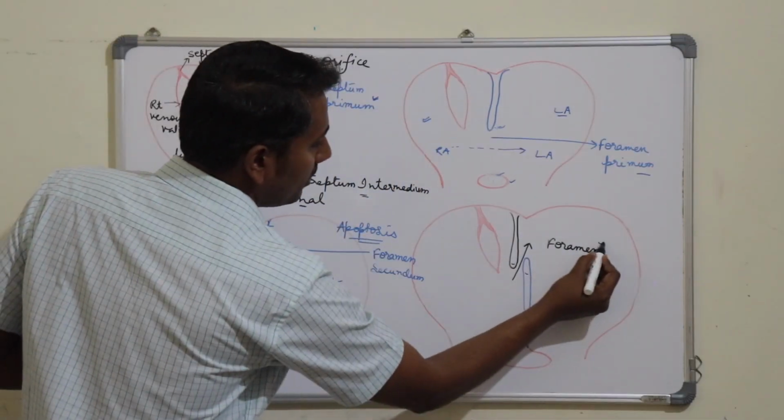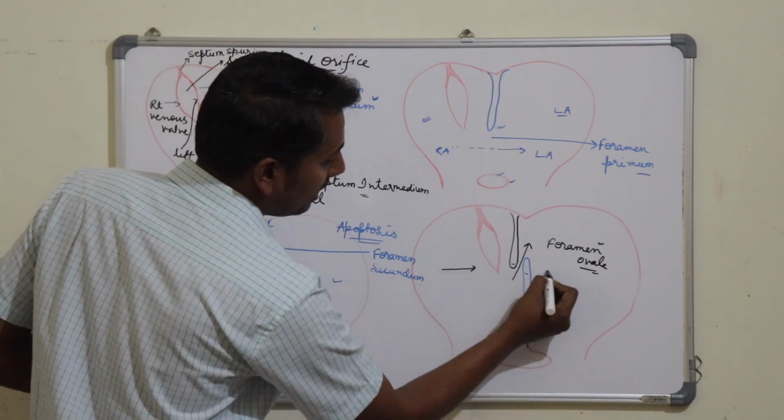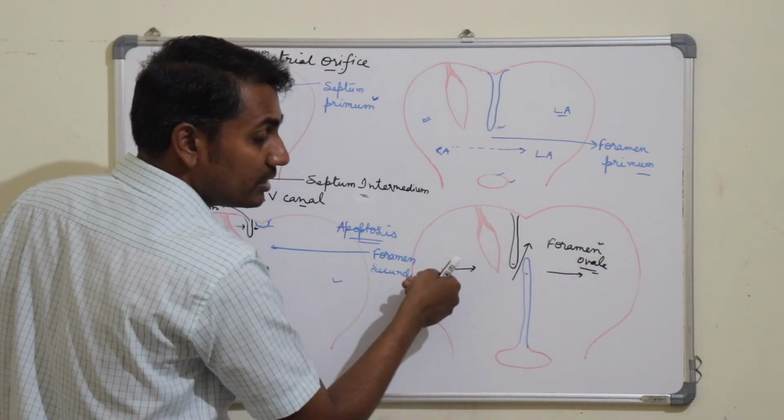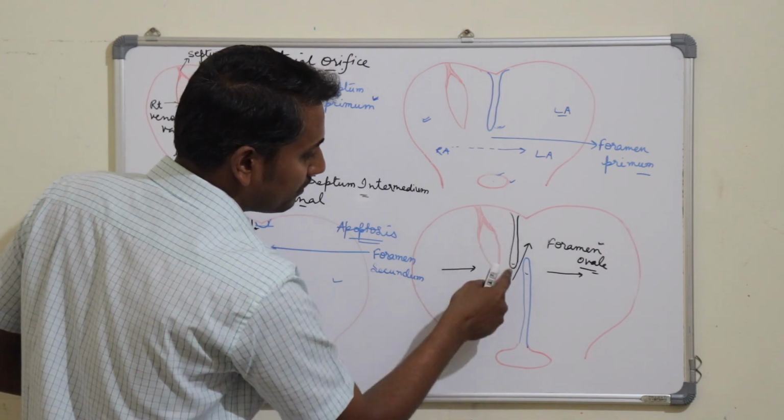This foramen ovale will ensure the entry of the blood from the right atrium to the left atrium, but not from the left atrium towards the right atrium. This is due to the rigid nature of this septum secundum.